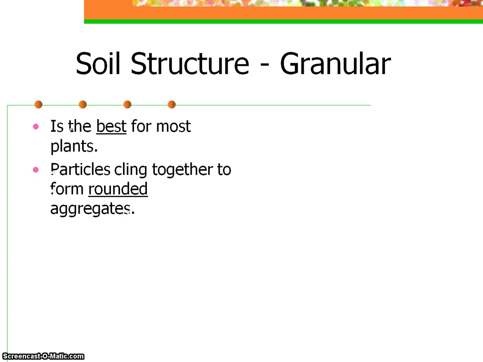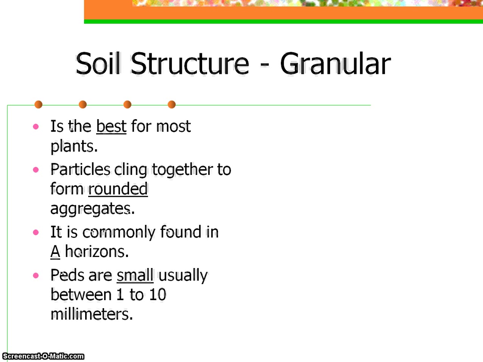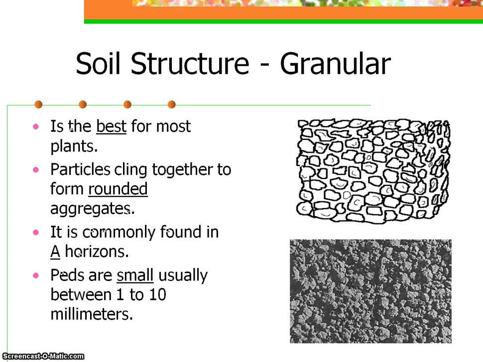You're going to find this in certain grassland ecosystems, definitely forested ecosystems. Your A horizon is going to contain a lot of granular soils, and it's going to provide the right amount of space, once again, for water capacity, air capacity, and root growth.